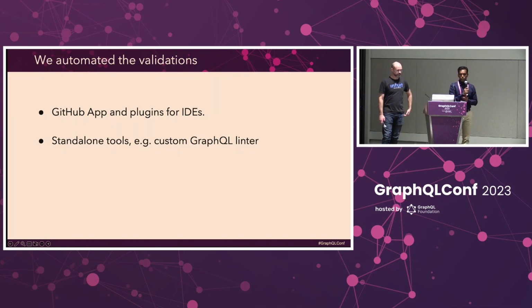We are using the open source GraphQL linter, but we have developed custom linter rules that follow our guidelines. These validate that the guidelines that we have specified in the best practices are followed, and not all of the guidelines are automatable. So to the extent possible, we automate the guidelines and provide that as tools for our developers.